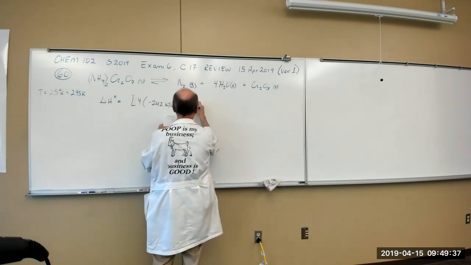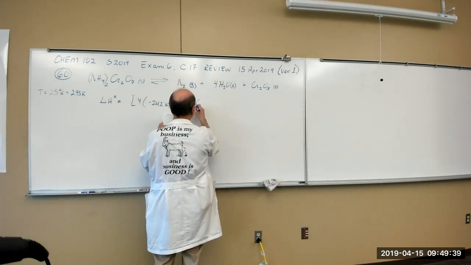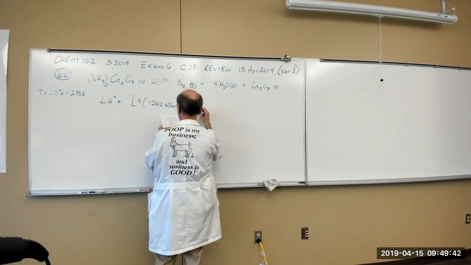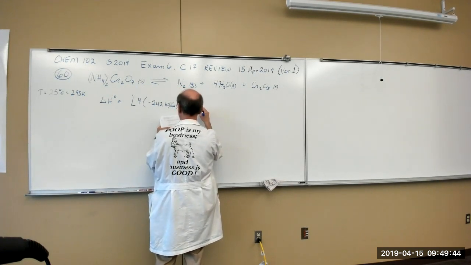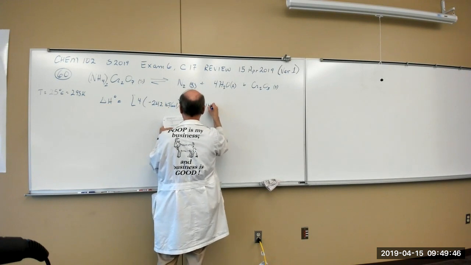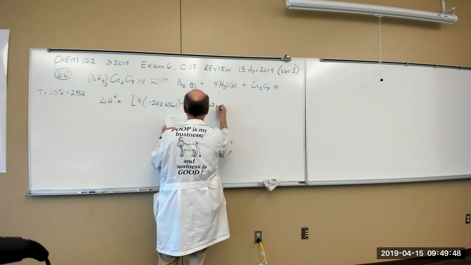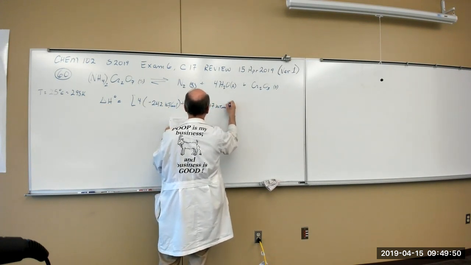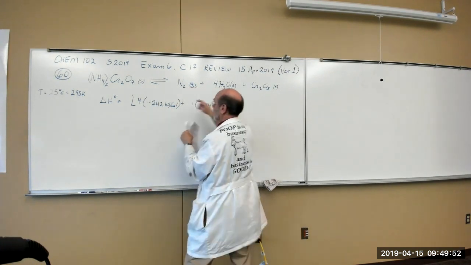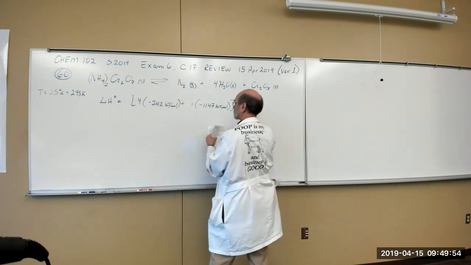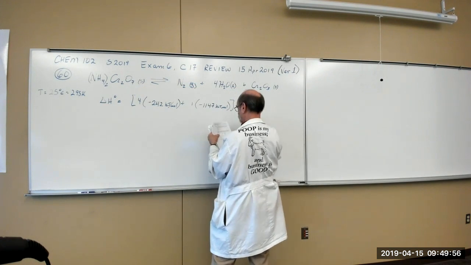And then chromium 3 oxide is minus 1147 kilojoules per mole. Then we subtract that one. There's one of those.